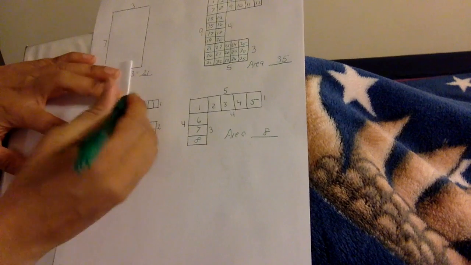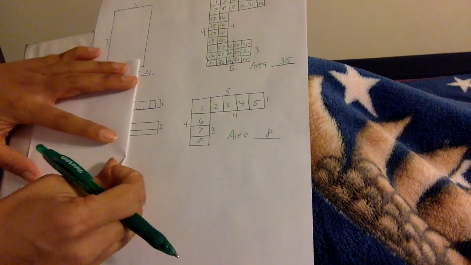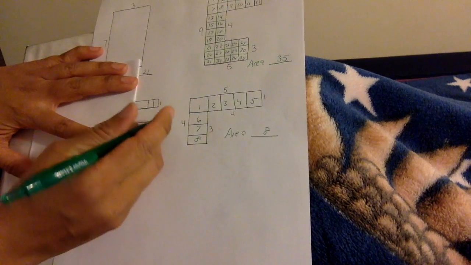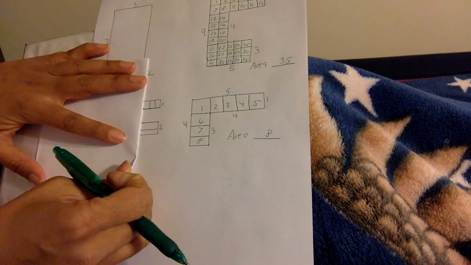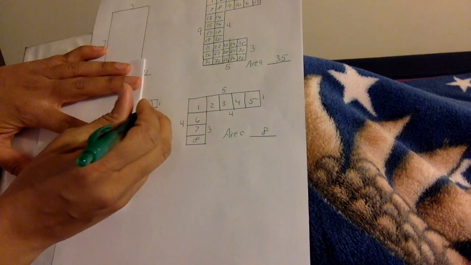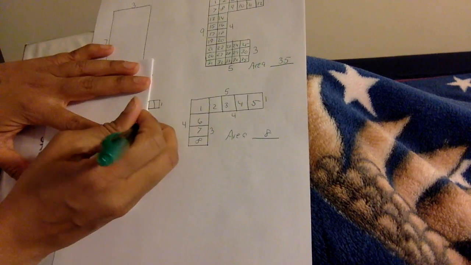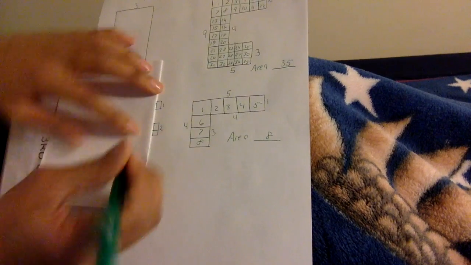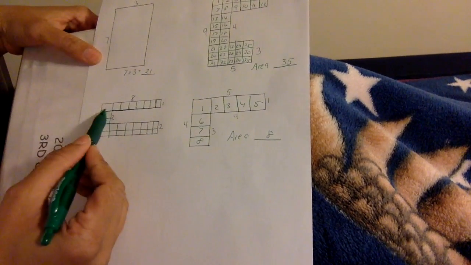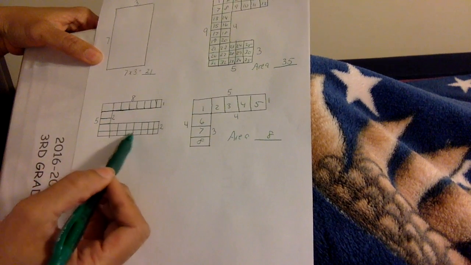Move it over a little bit, make them a little bit even. There we go. So 1, 2, 3, 4, 5, 6, 7, 8.